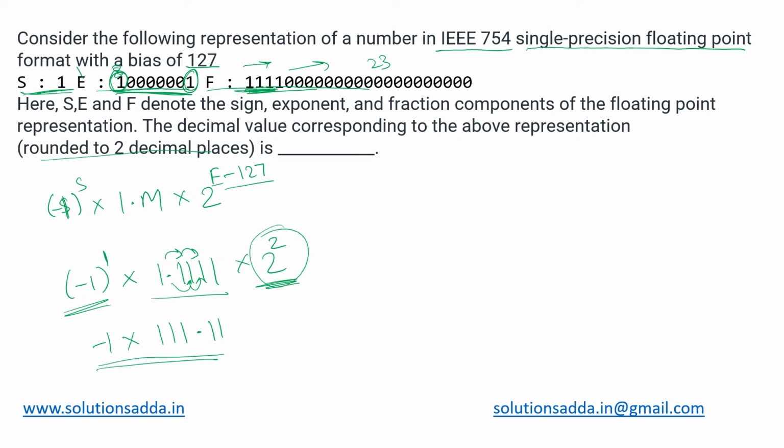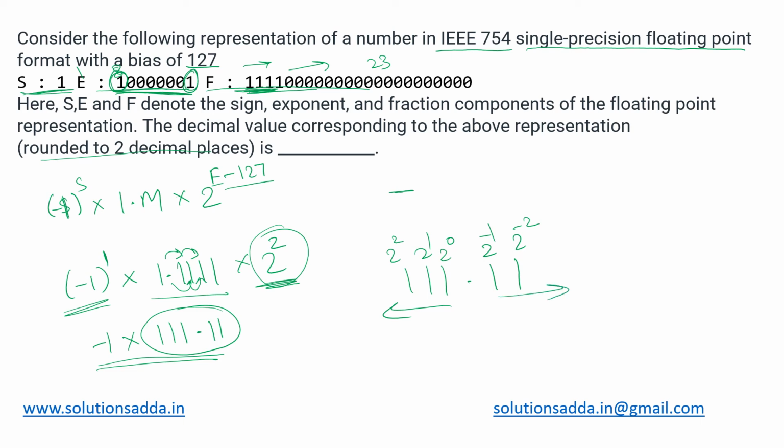Now we can simply convert this into decimal and see what it is. The result would be negative, hence the minus sign, and we convert the number 111.11. Here we use the usual weights, 2 to the power 0, 2 to the power 1, 2 to the power 2, and on this side we use the weights 2 to the power minus 1, 2 to the power minus 2, that way.